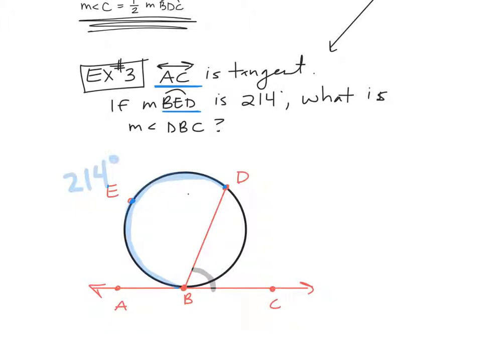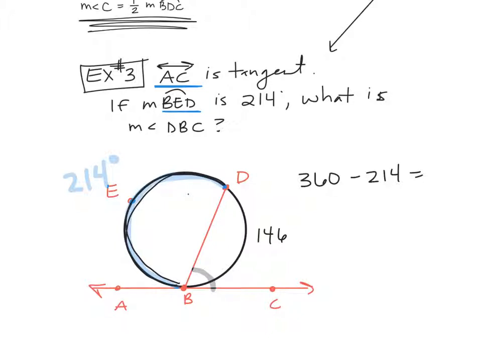Right. Okay, so the whole circle is 360, right? So if this portion of it here is 214, you're going to go 360 minus 214 to get this arc DB. And that comes out to 146. Okay.